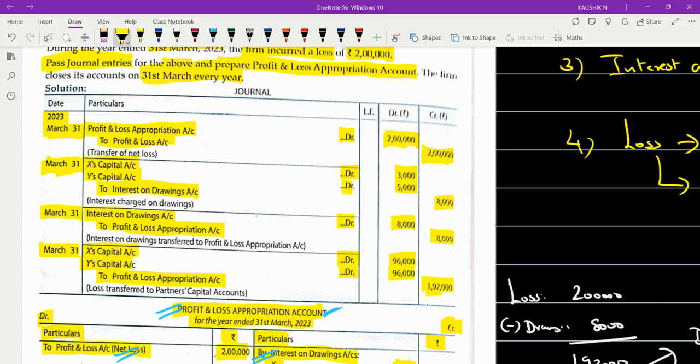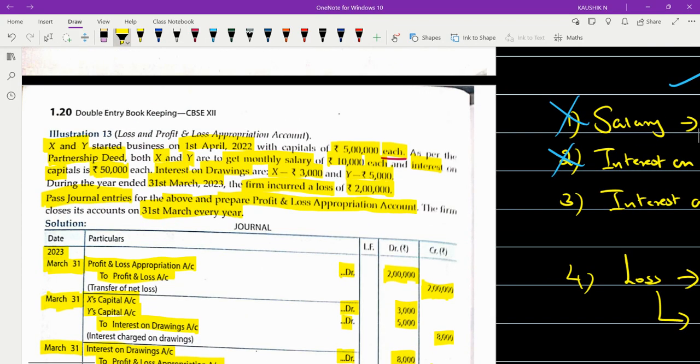But I'm going to add one more concept to this particular problem. There is one question from my end. Imagine that there is no loss, there is a profit.